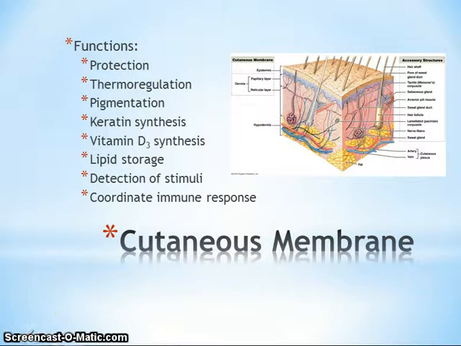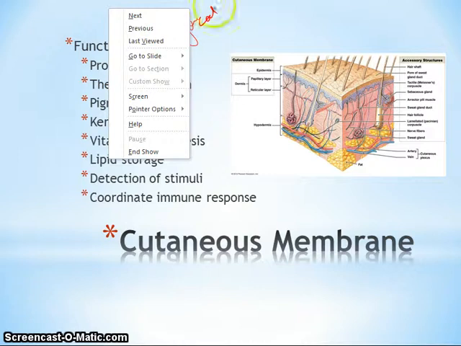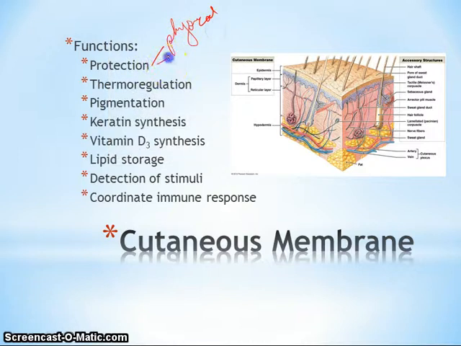In the case of protection, it is a physical barrier, it is a chemical barrier. In the physical barrier, it protects us against abrasions, rubbing against something rough, or injury due to a cut.